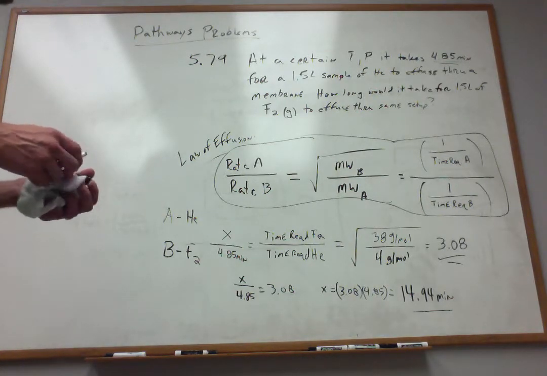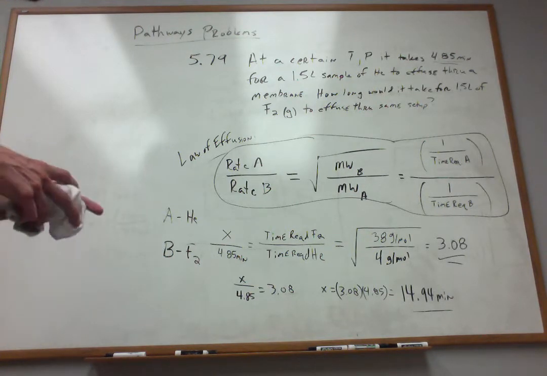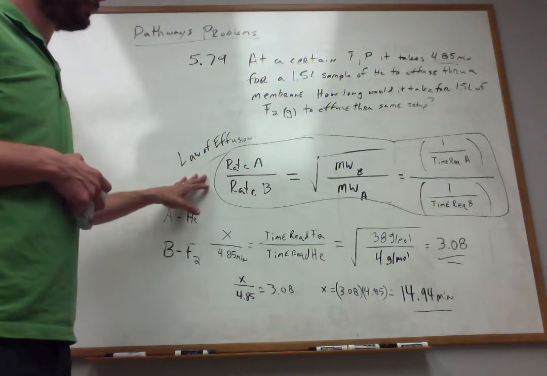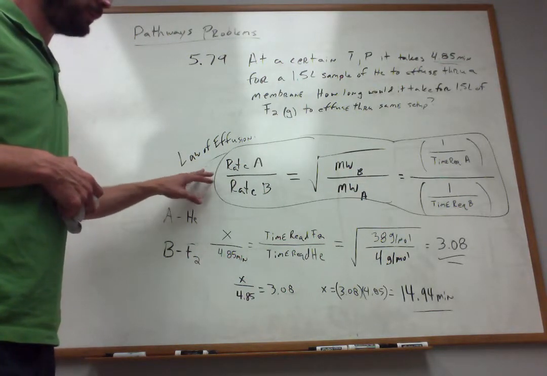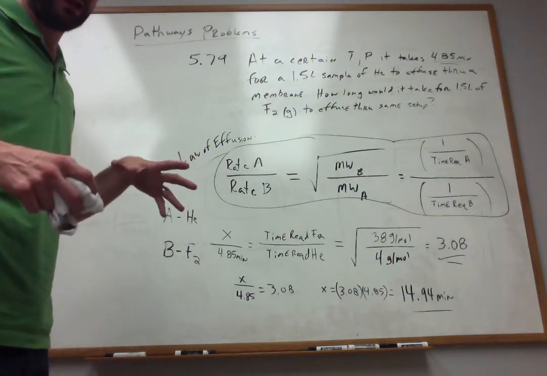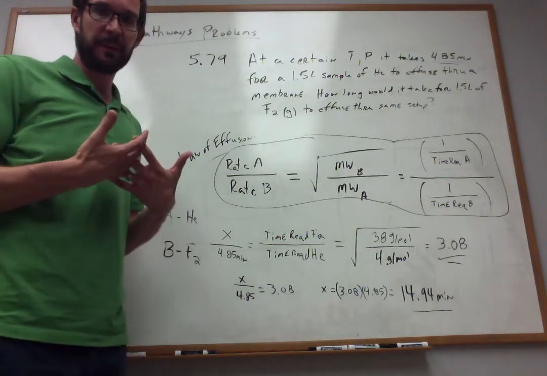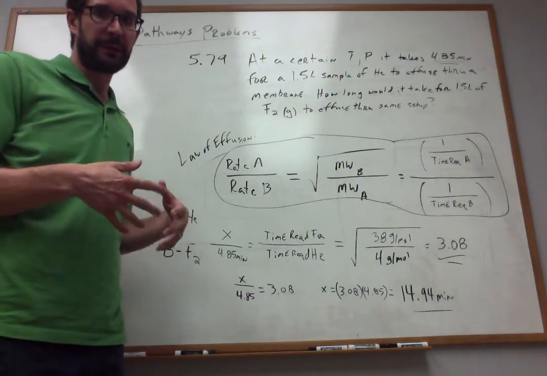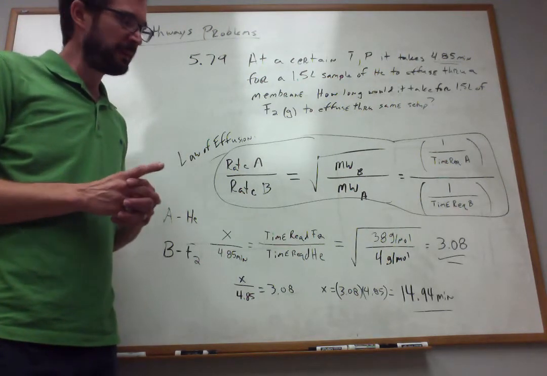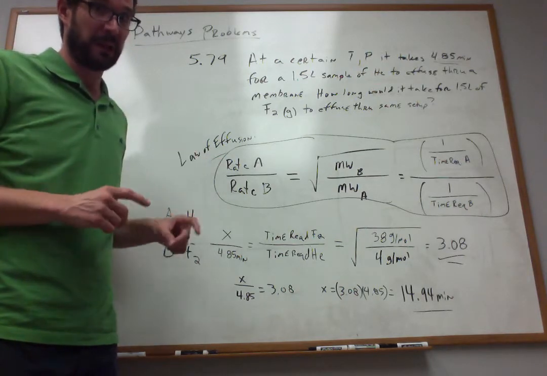All right, so I hope that this has been useful to you. You can see how this Graham's law of effusion works. I again want to caution you to remember this difference between time and rate, because I noticed that a lot of the problems in your textbook at the end of the chapter, and even in the chapter when I'm talking about Graham's law of effusion, they don't explicitly make the point that rate and time are not the same thing.